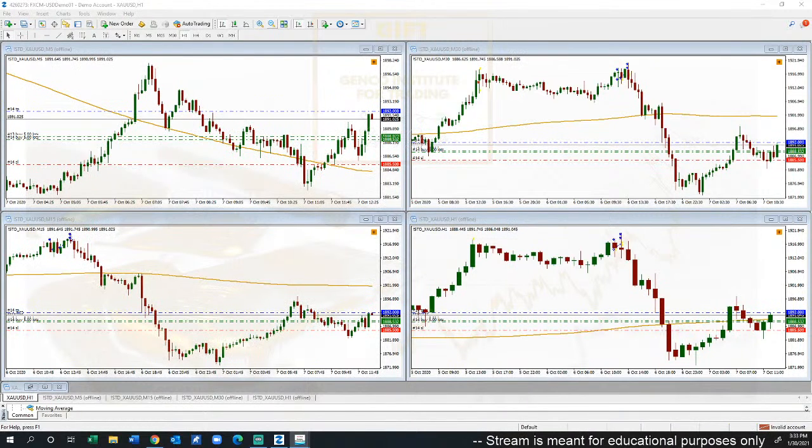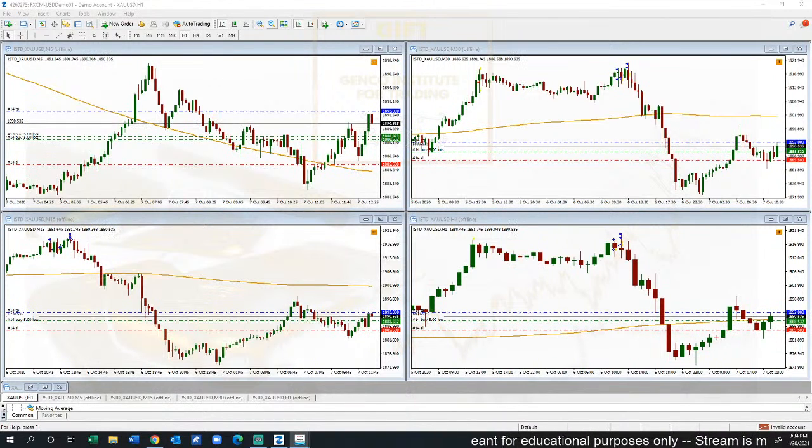Look how close that 5-minute candle was. That was so close. They'll get there. I'm not even too worried about it.